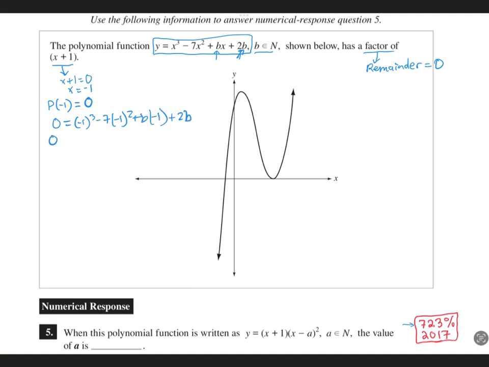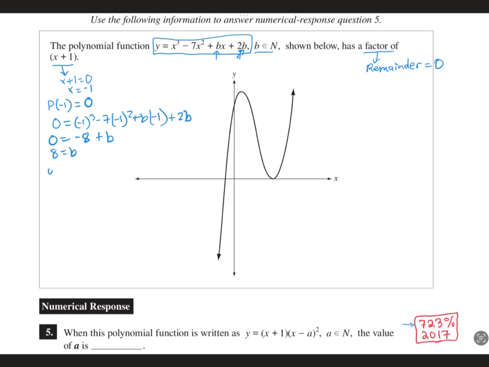Okay, we'll simplify that a bit. -1 minus 7 times -1 squared would be -8. And then plus b times -1 is -b, plus 2b would be positive b. And then solve for b, and you get 8.